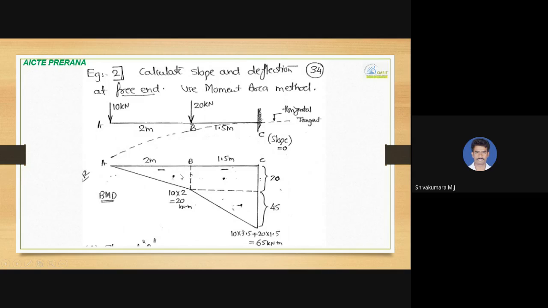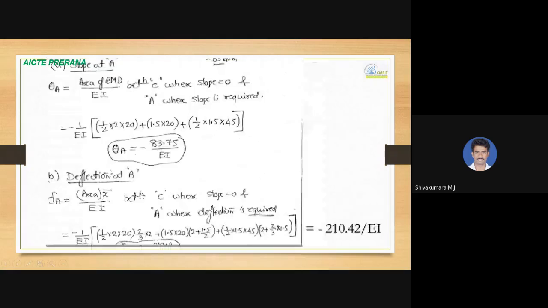For calculation of rotation, we take the area of all these 3 split parts of the bending moment diagram divided by EI. And for calculation of deflection, the moment of each individual split part of the bending moment diagram with respect to A.